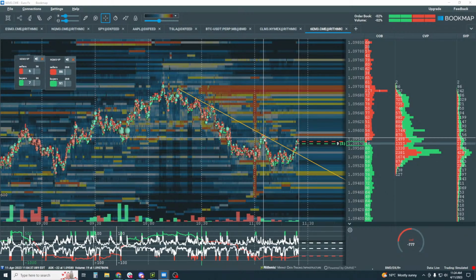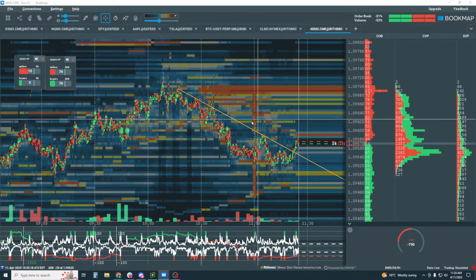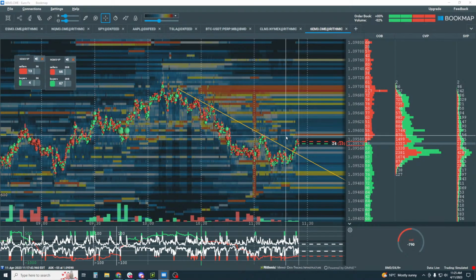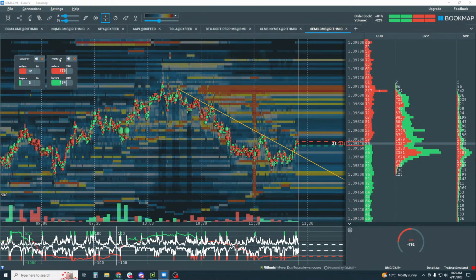If the correlations are not part of your game, then don't use it. Yeah, it's fine. Whatever works for you. It can get confusing, no doubt, right? But look at the Nasdaq.